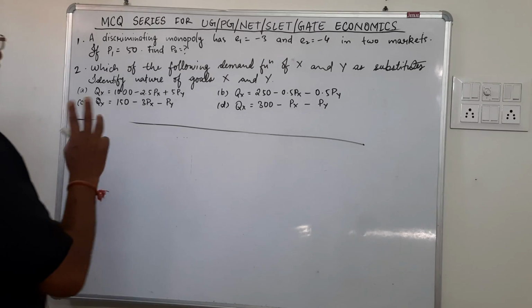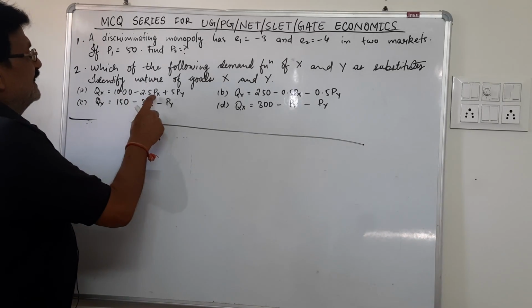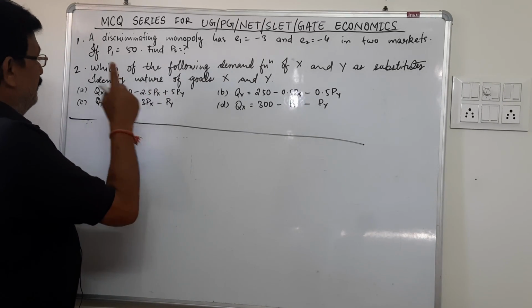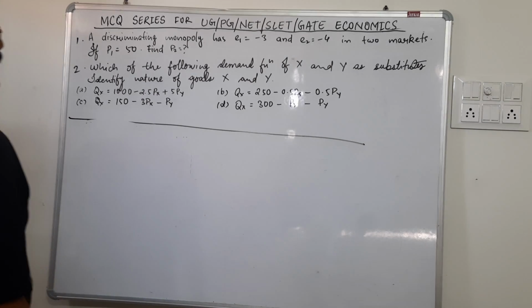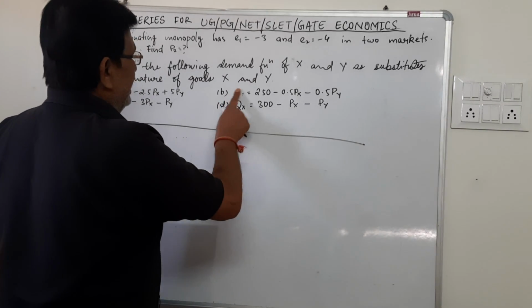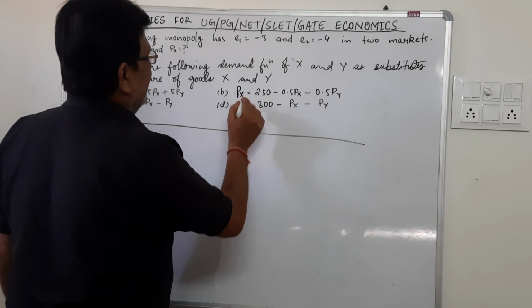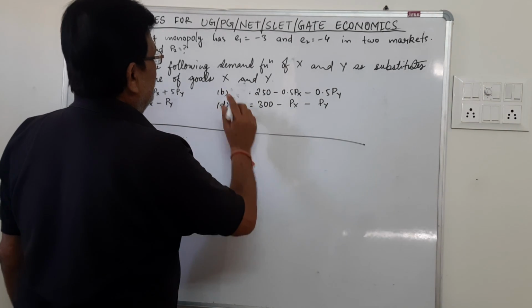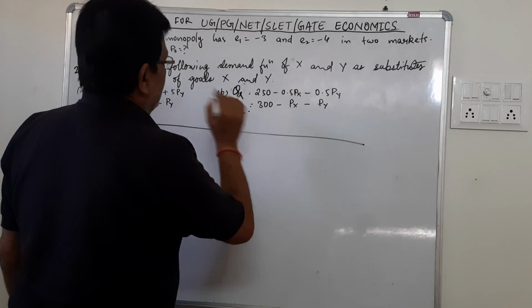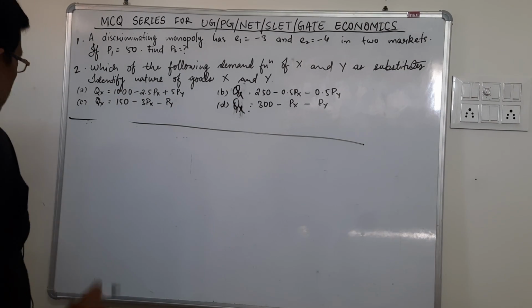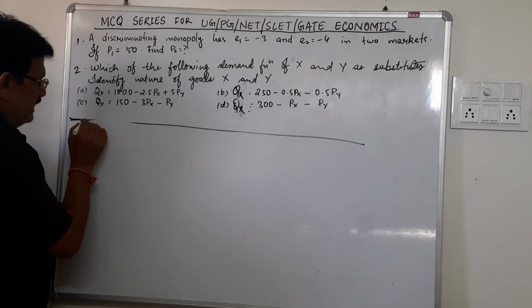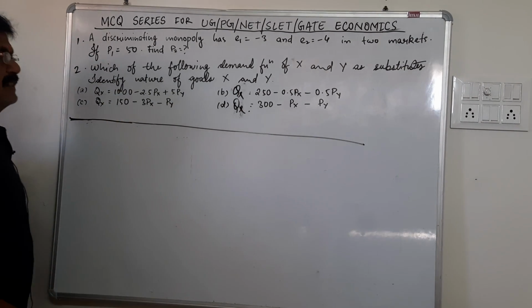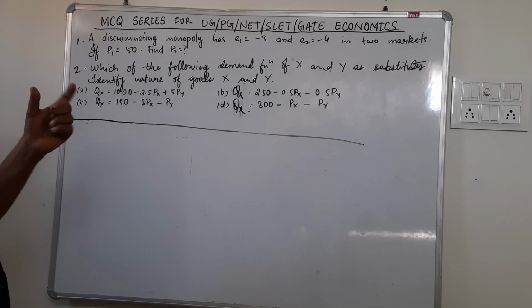Here are two goods, X and Y, whose prices are Px and Py. A few videos back, I made one special video on the nature of goods.